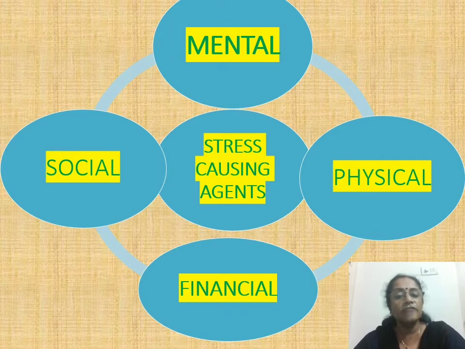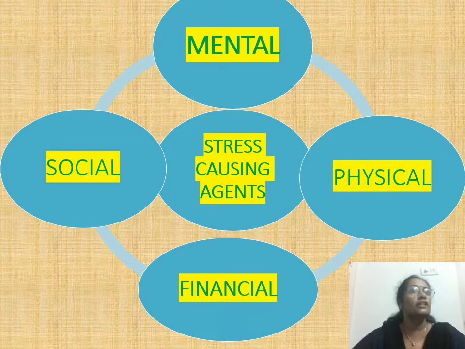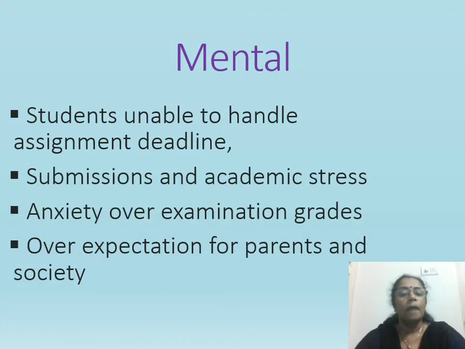Causes of stress can be divided into 4 parts: mental stress, physical reasons, financial reasons, and social causes of stress. Let us go into detail of each one by one. Mental stress. Sometimes students face a lot of mental stress. That is because they do not know how to handle assignment deadlines, submissions, examination stress, and academic stress.